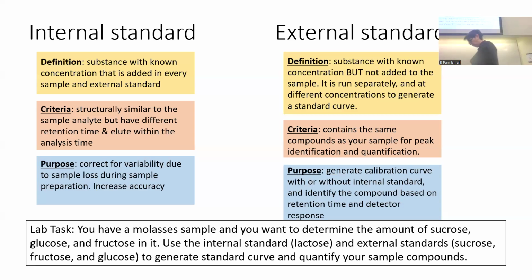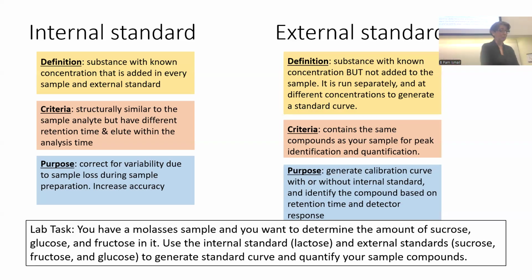Now, what is an external standard? An external standard is the same as the compounds you're analyzing. So oleic acid methyl ester, the same as the one in your sample. Caffeine standard, same as your sample. So external means you don't add it to your sample.